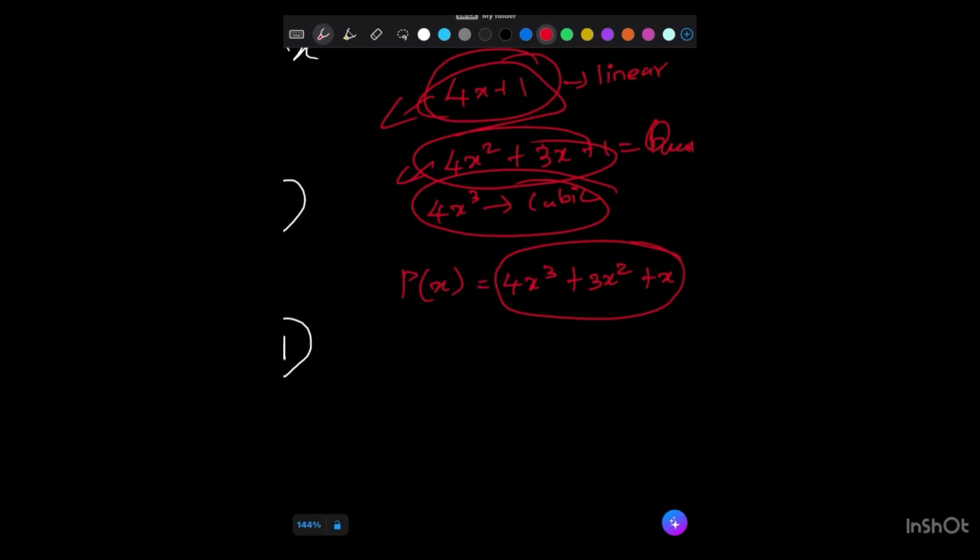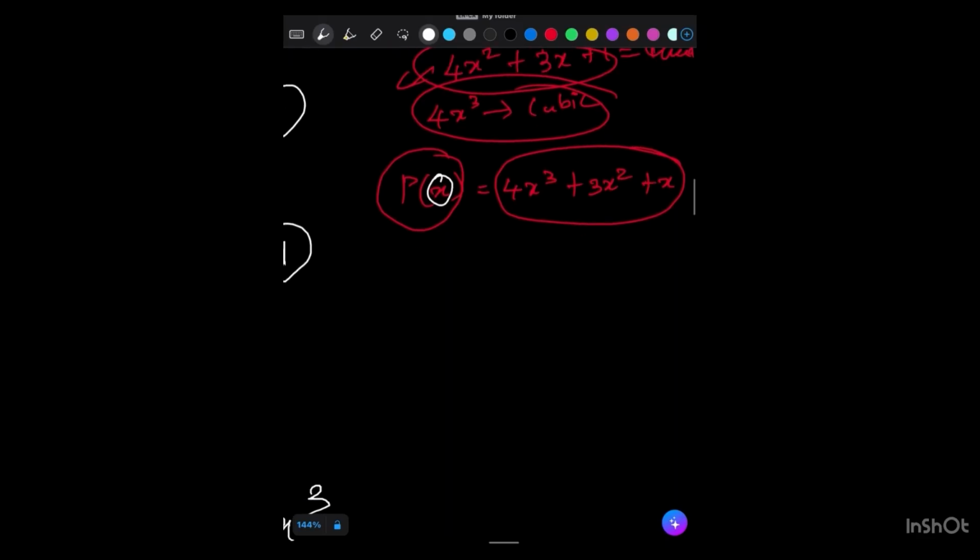This is a polynomial, but we equate it with p of x. This is a basic thing. p of x is equal to that equation. You will be replacing this x with any number: 0, 1, 2, 3, 4, 5, 6. We can replace it with any number. Let me give you an example.